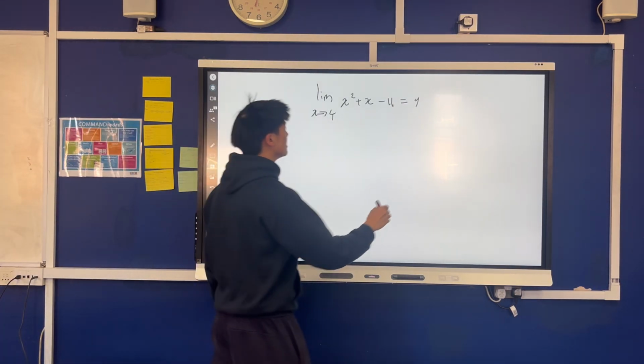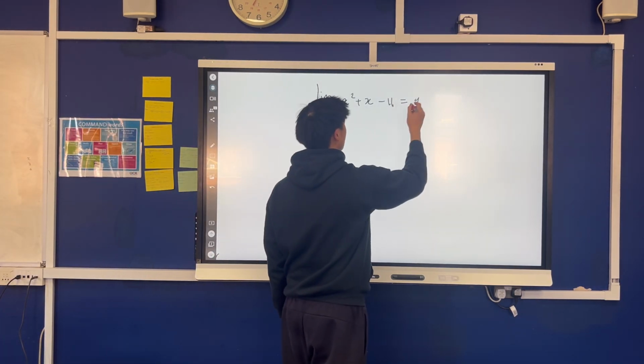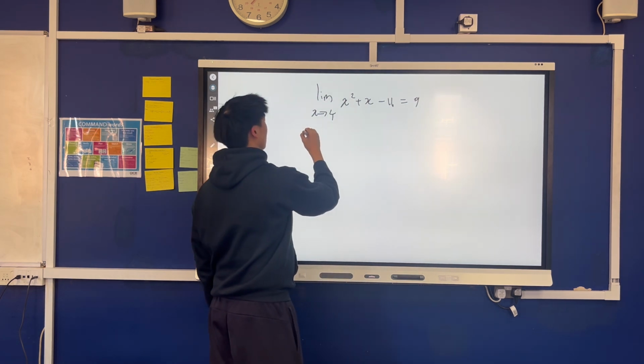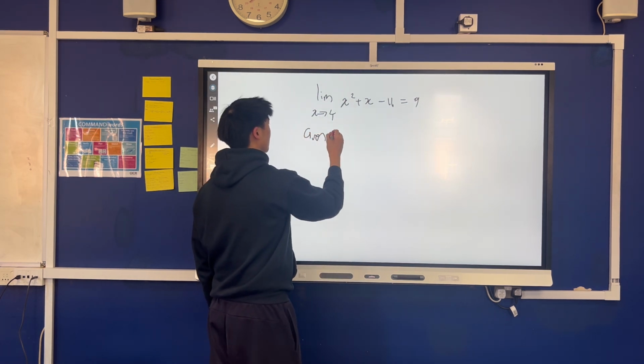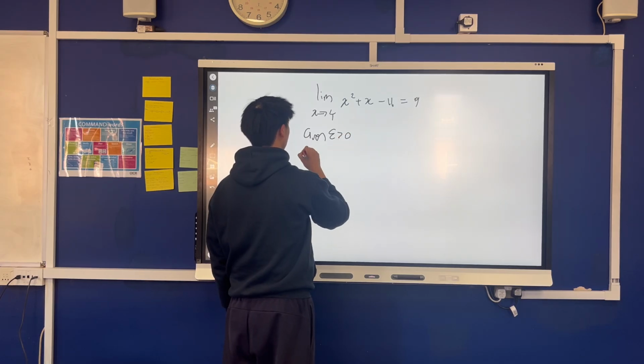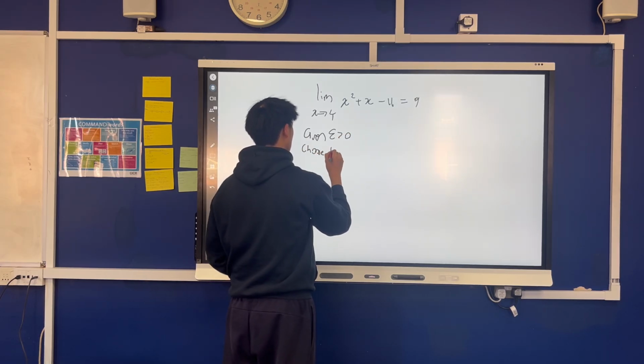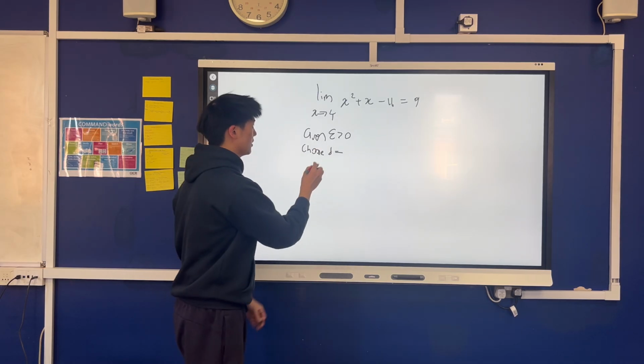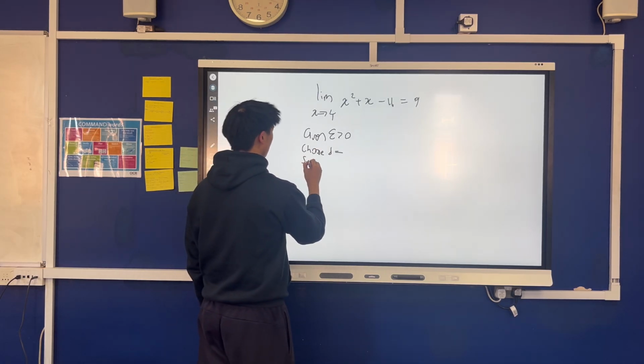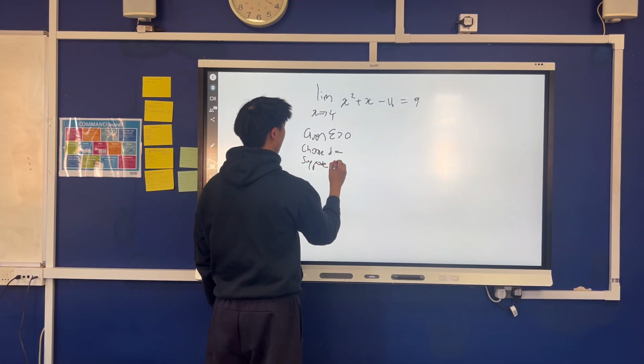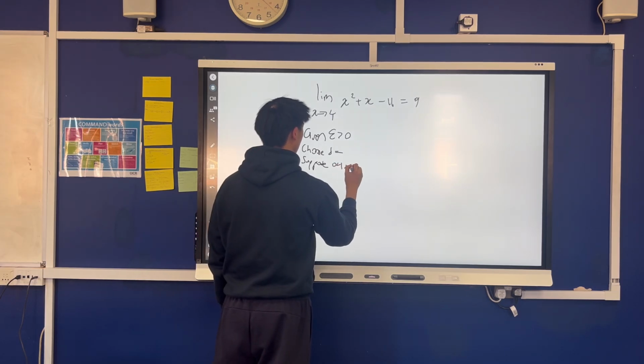Okay, so let's prove this with epsilon delta. We've got, we're going to choose a delta, and we've got to suppose that mod x minus 4 is less than delta.